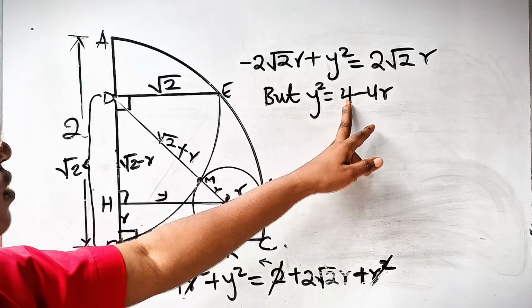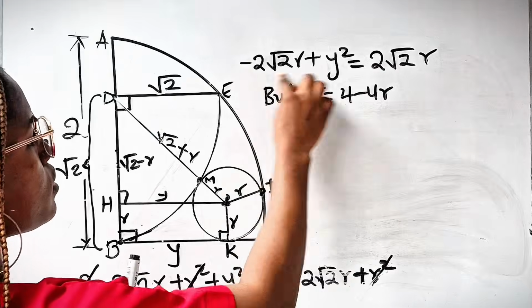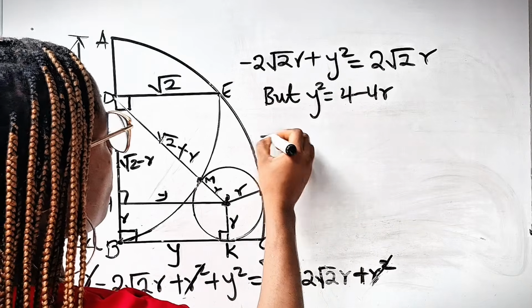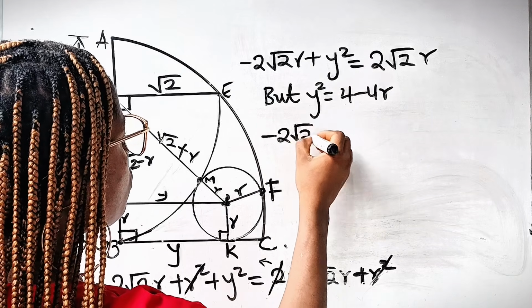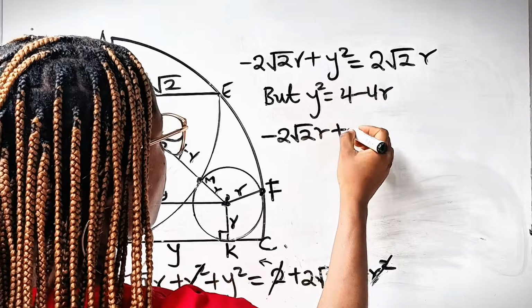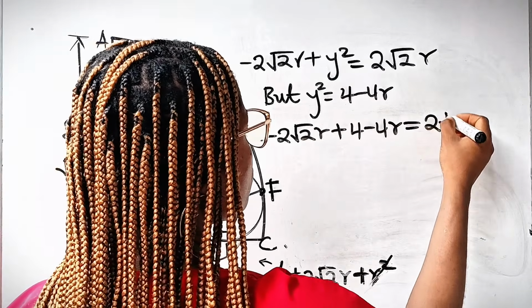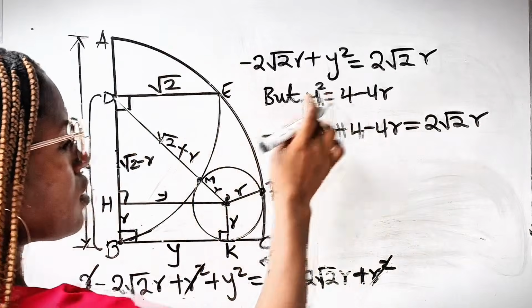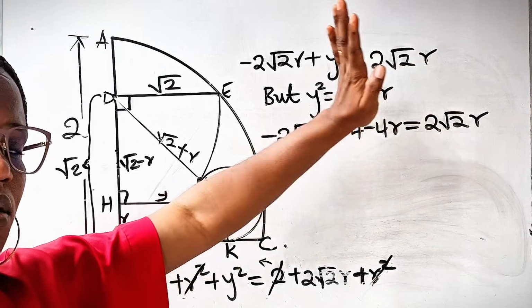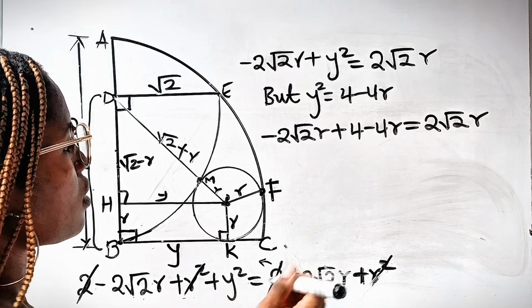Yes, our Y squared is 4 minus 4R. So we substitute. We will have minus 2 root 2R plus 4 minus 4R is equal to 2 root 2R. I'm sorry I cleaned this. We wrote it down somewhere and I mistakenly erased it.